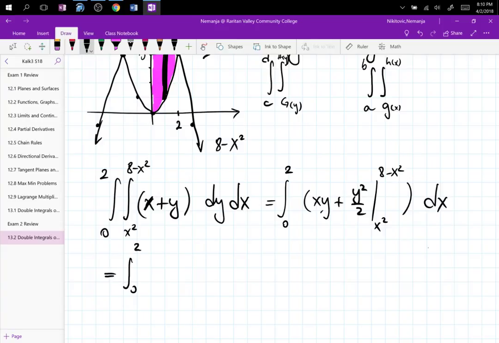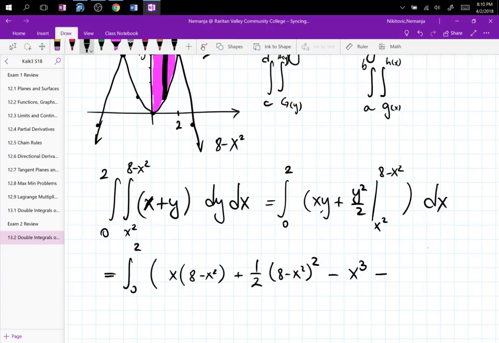And now inside the parentheses, plug in the upper limit. So that's going to be x times 8 minus x squared plus 1/2 times 8 minus x squared, squared. And now the bottom, so minus x cubed, because you have x times x squared.